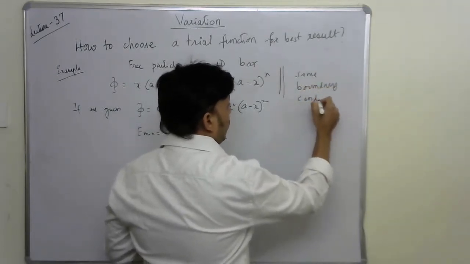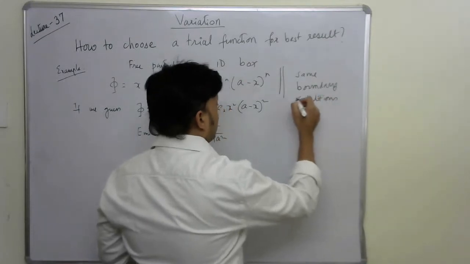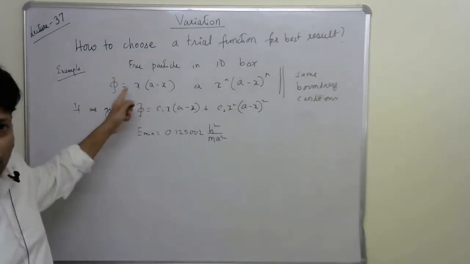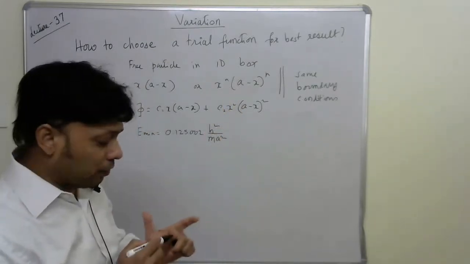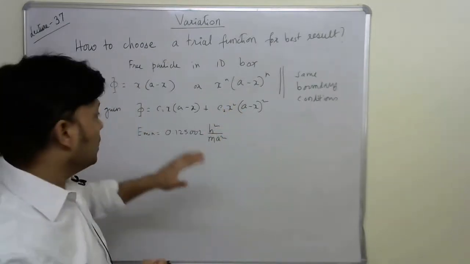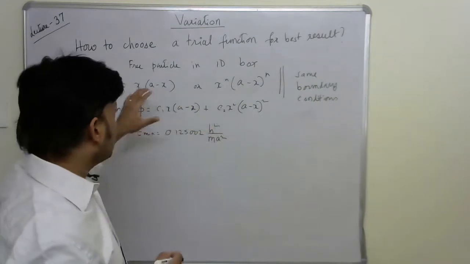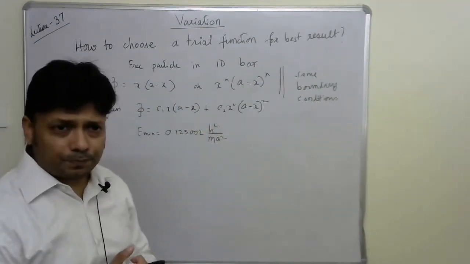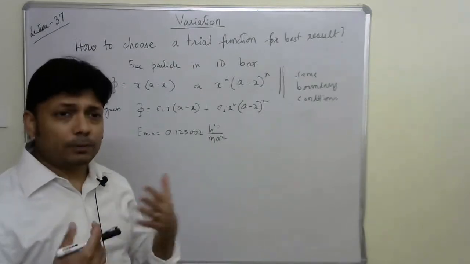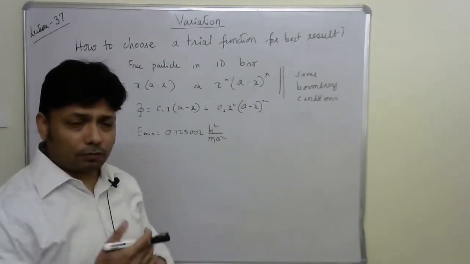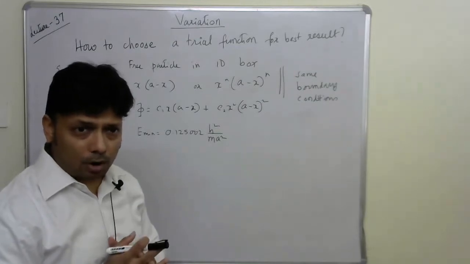At x equal to 0, phi should vanish, and at x equal to a, phi should vanish as well. By guessing this phi, it satisfies both boundary conditions, so it can be an acceptable, well-behaved function for a free particle in a 1D box.